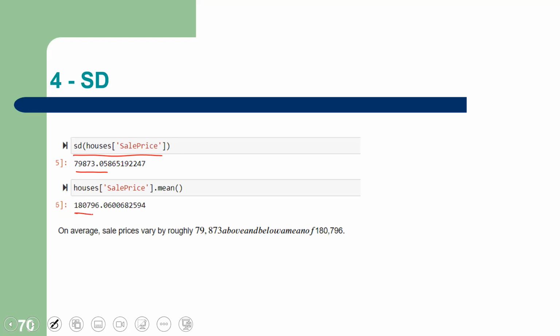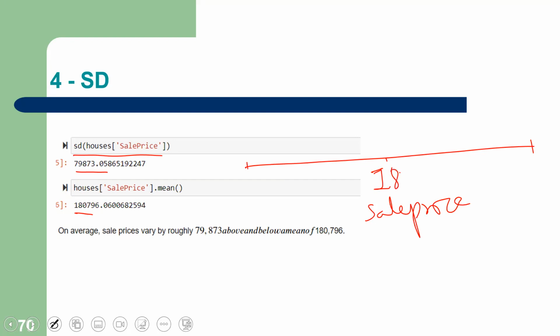So what do you understand from this? Suppose this is my sale price. My mean will be somewhere around here, around 18796.